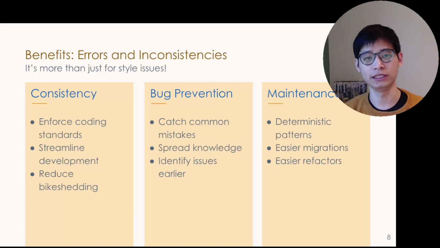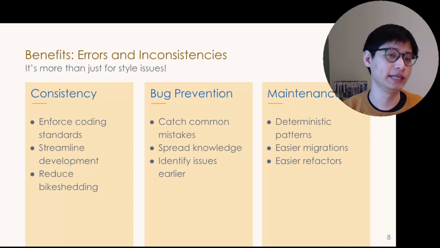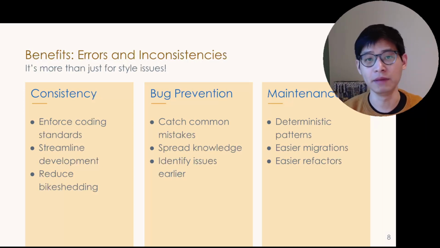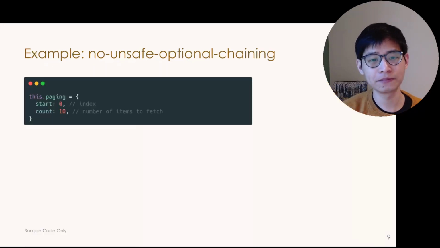Lint rules enforce a consistent standard, which prevents bugs because someone else has thought through all the edge cases and maybe identified a pattern where this doesn't make sense. It also helps with maintenance because when you're dealing with any kind of migrations or even refactoring, having a more predictable code base makes it a lot easier to migrate your code base.